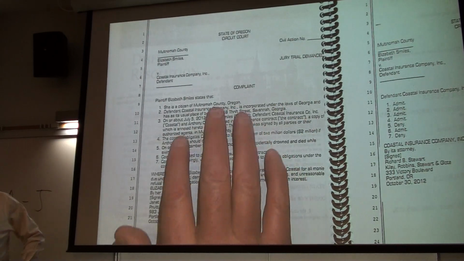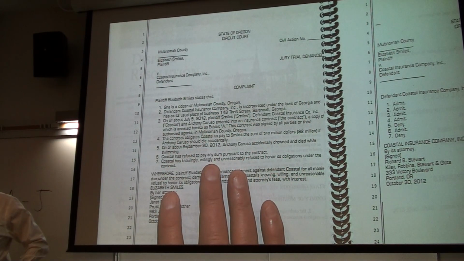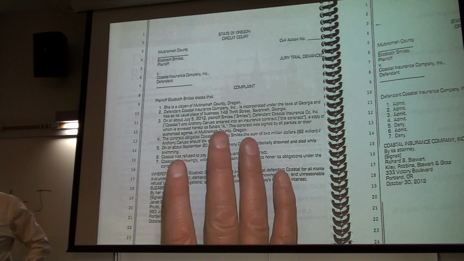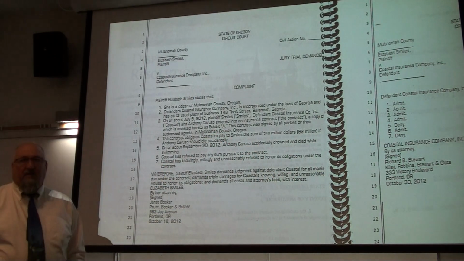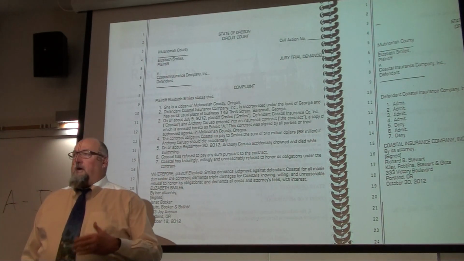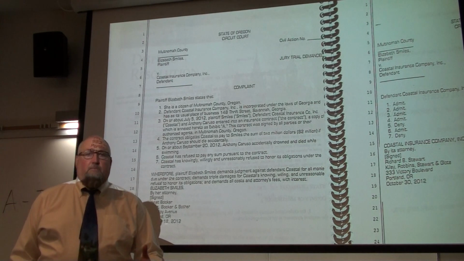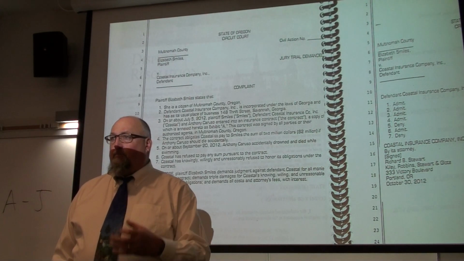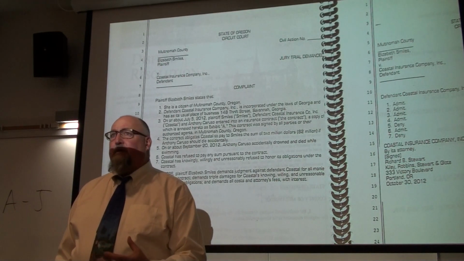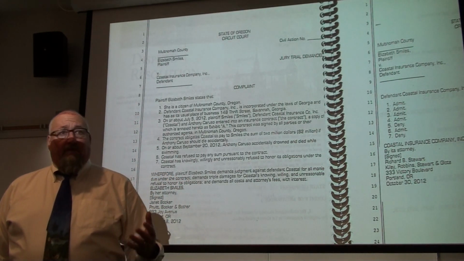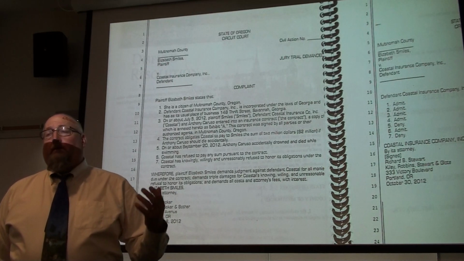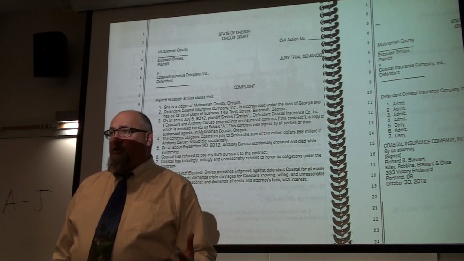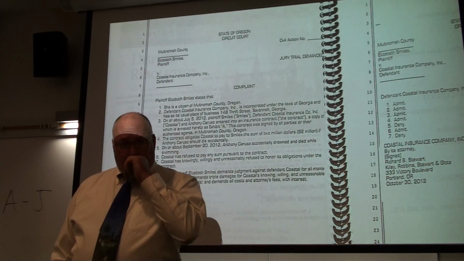The next part of a complaint is where we're going to get into the factual background. And again, these are not all of the facts of the case, but the job of the plaintiff's attorney when they write the complaint is to provide enough information in a summary, kind of an outline format, that will tell the judge a couple things. Number one, is it the correct type of court for jurisdiction purposes?